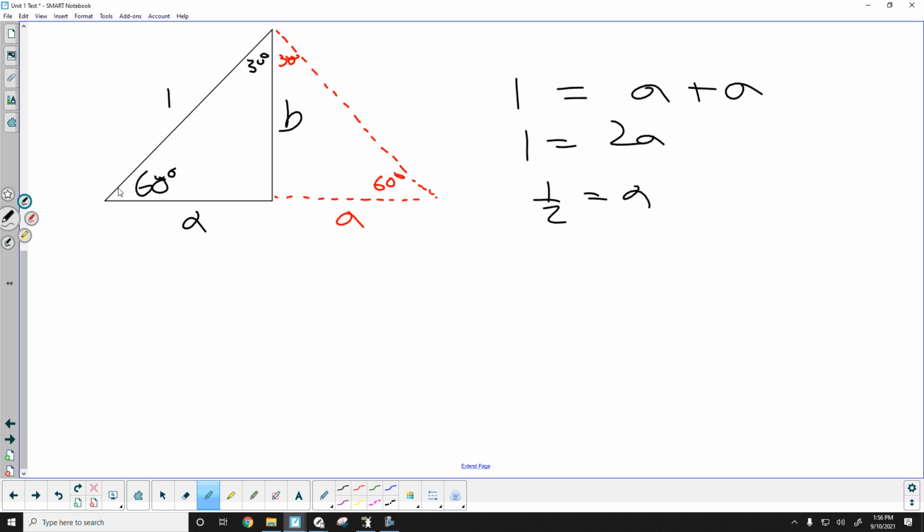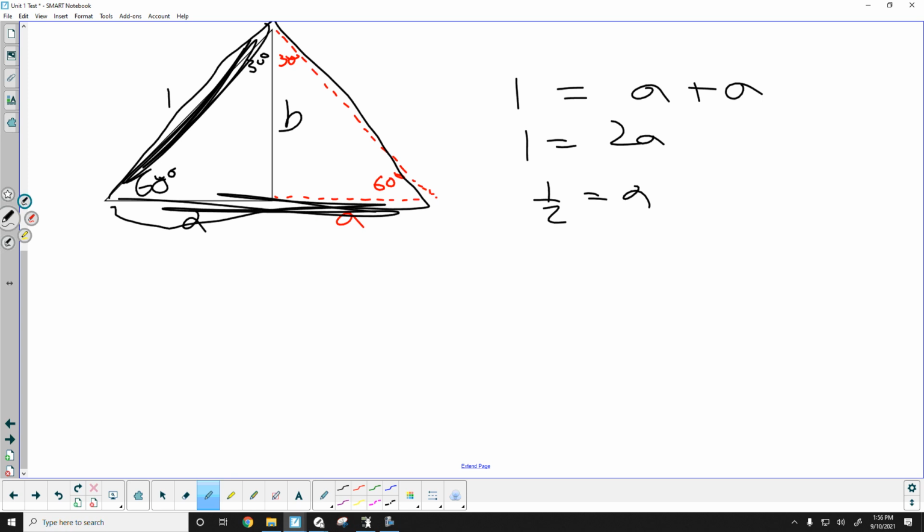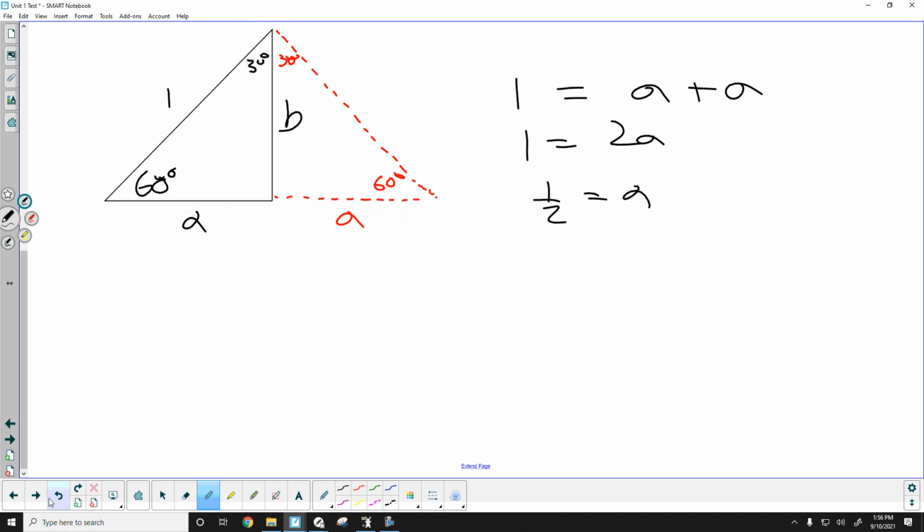Because this is an equilateral triangle, this side and this side have to be the same length because it's 60 degrees all around. So 1 has to equal A plus A. Cool. How do I find B? What's the setup to help me find B? Pythagorean Theorem. Nice. You're thinking like a mathematician.